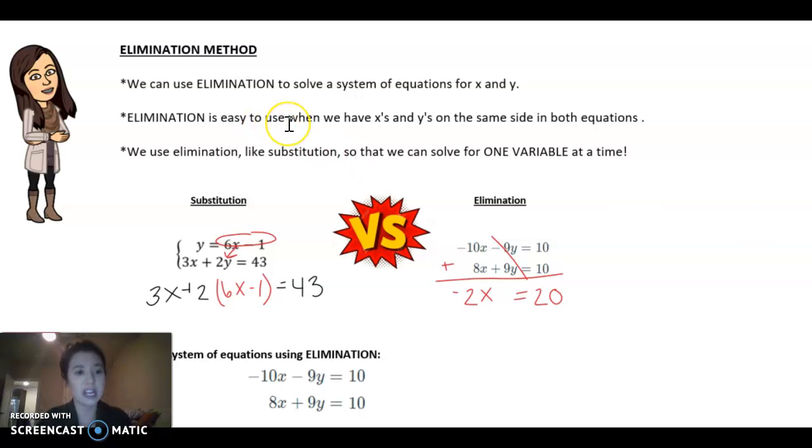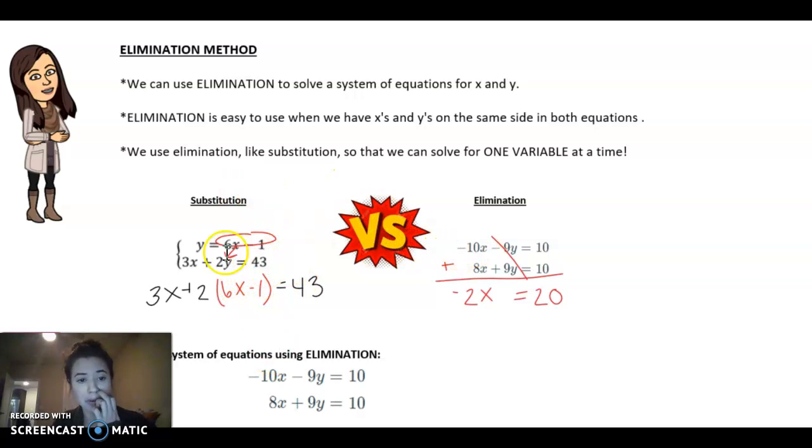All right, so the elimination method. We use elimination to, again, solve a system for x and y, and we use it when the x's and y's are on the same side in both equations. We use elimination like substitution, so that we can solve for one variable at a time. This was substitution, where we took what y equaled and plugged it in, so we only had x's left and could solve for x.